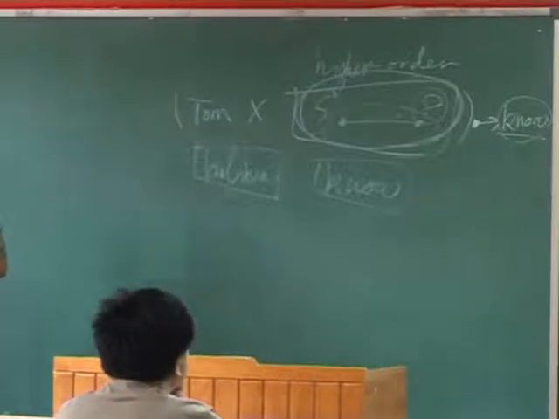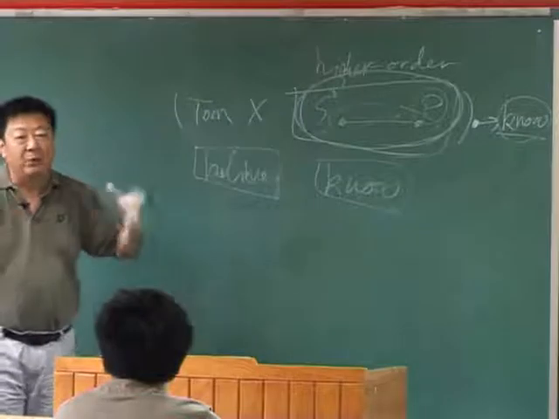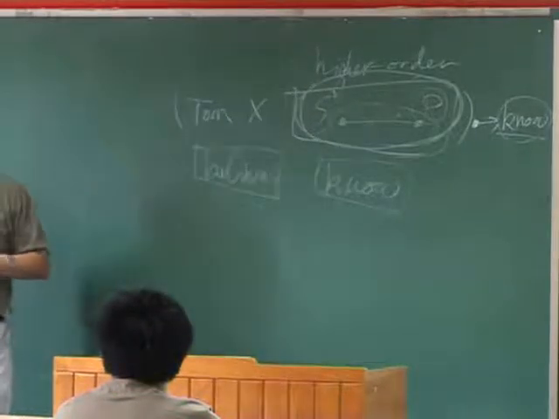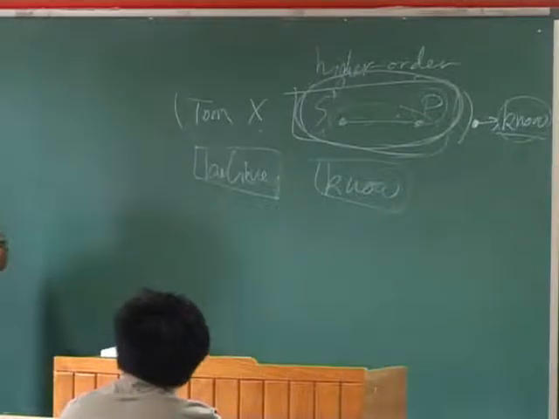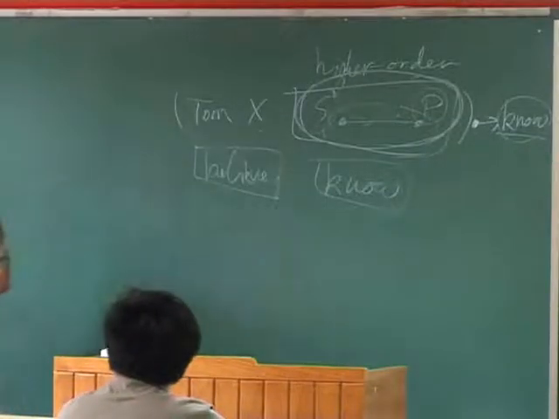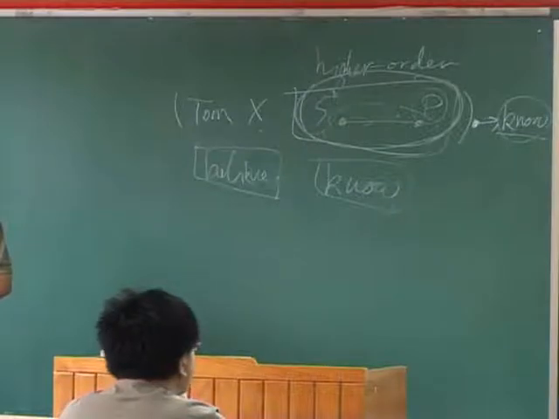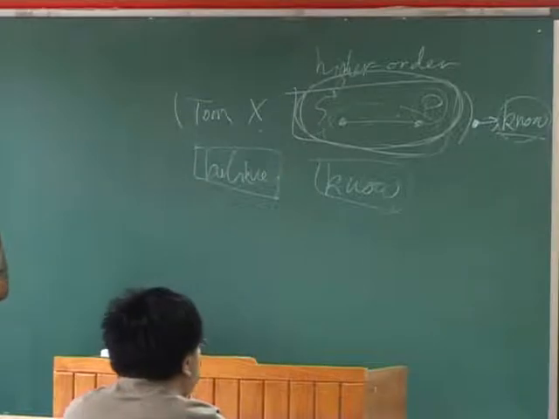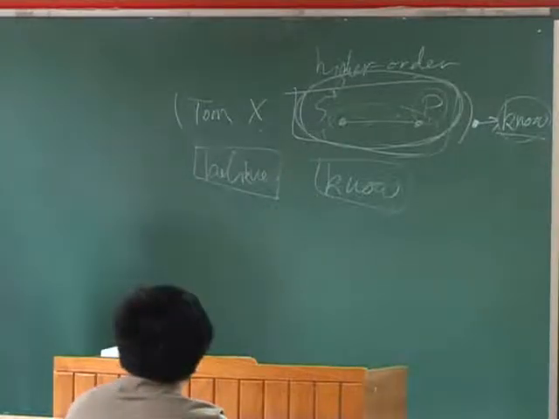And also you'll see this structure can be repeated recursively more than one level. There's actually no limitation in the system about how many layers or levels you can have. You see this example. We can have something like Mary believes that John knows that the earth is round, right?